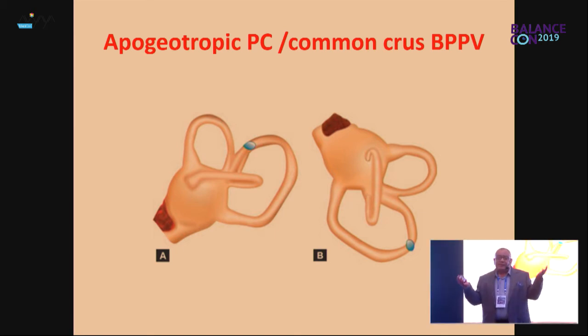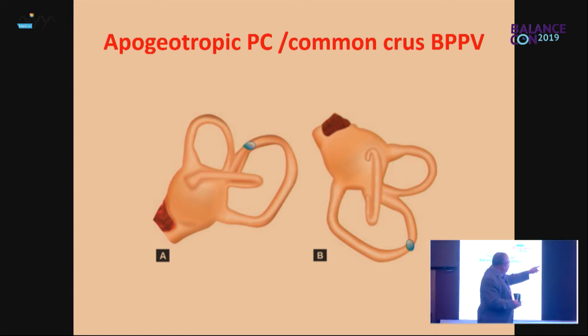But the same principle can simply be applied to the posterior canal. So I do believe in its existence. It shows sometimes a downbeating nystagmus on the Dix-Hallpike test with upbeating torsional nystagmus on sitting. But I also see the common crus variant of BPPV.